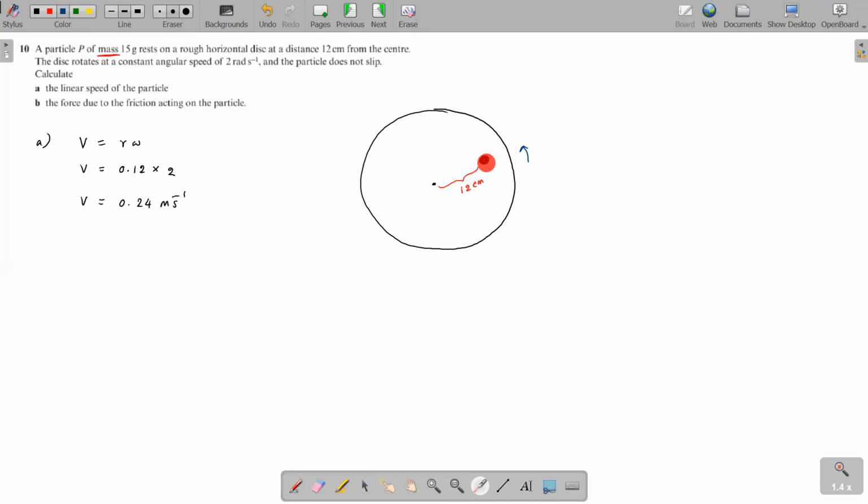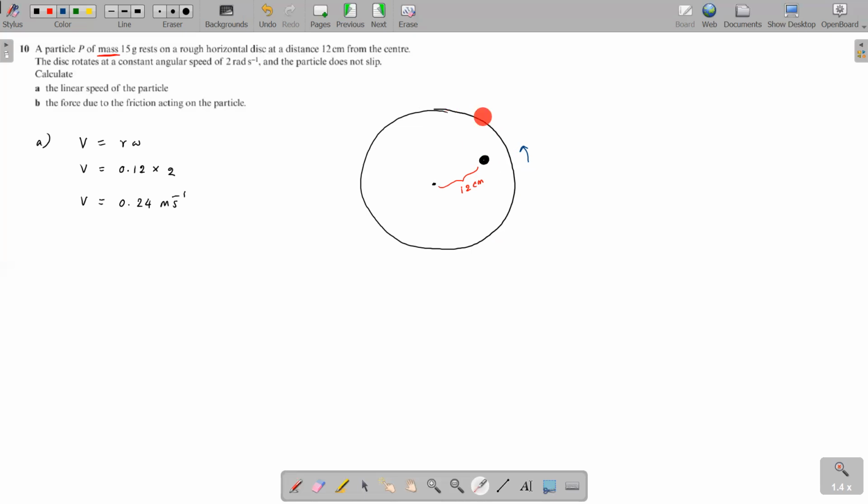So what's keeping this particle intact? They are saying it's a rough horizontal disk. The only thing that's preventing this particle from flying out when the disk is rotating is a force always acting towards the center. That's what's keeping this particle intact.